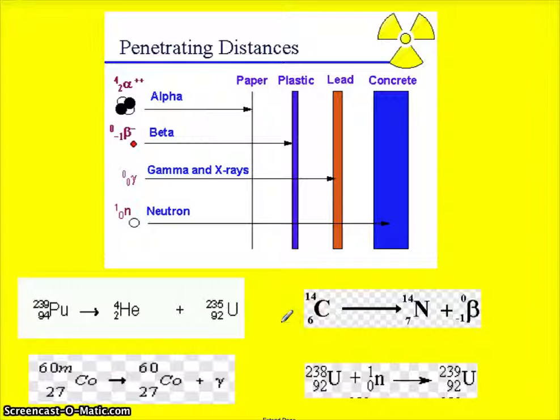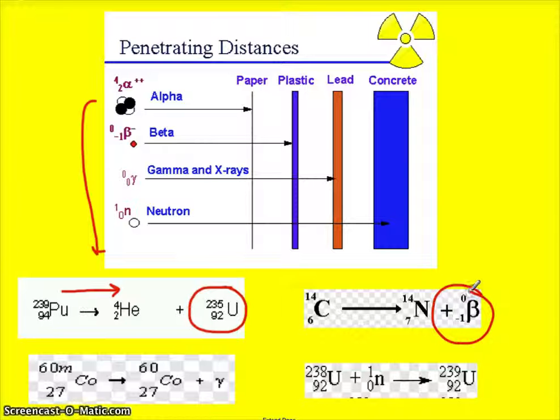But what happens here is these things sending things out are going to change the element. Here you have something called Pu, and I can't even remember what that is, but it sends out the helium and it changes to uranium. That's an alpha particle right there. Here we have a beta. What's happening is you are sending out an electron, and this carbon form goes to nitrogen form.